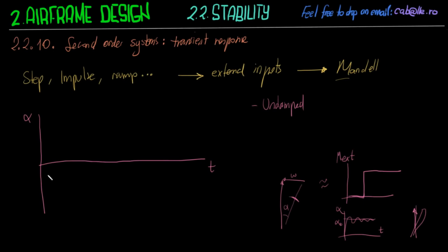So they're undamped, which means that it's going to oscillate. And then there's always some form of an exponentially damped sinusoid, which means that alpha is something like this.